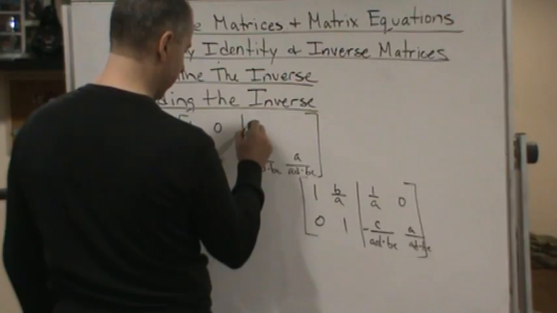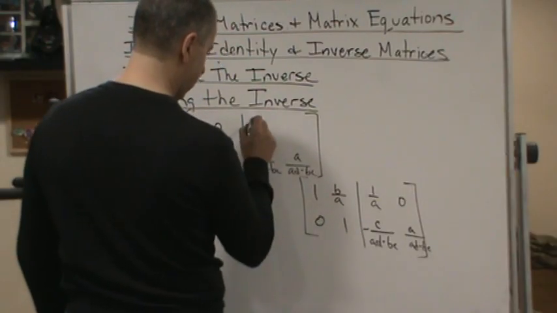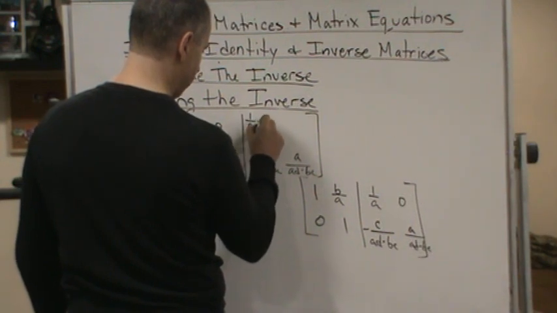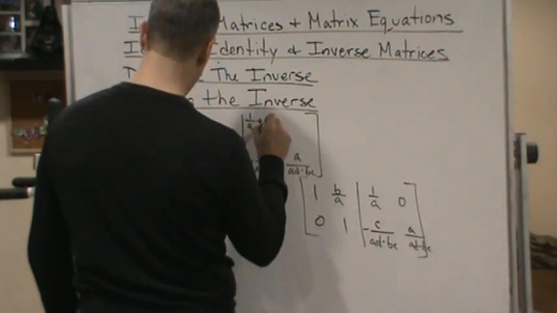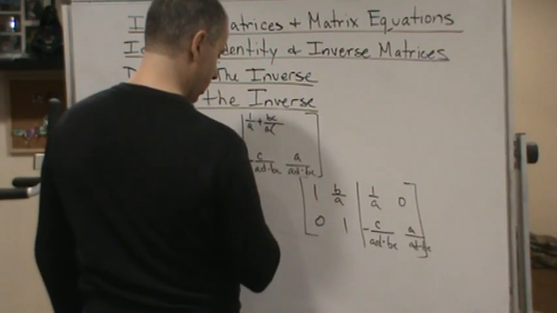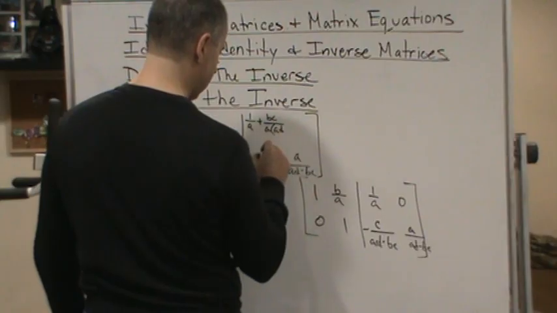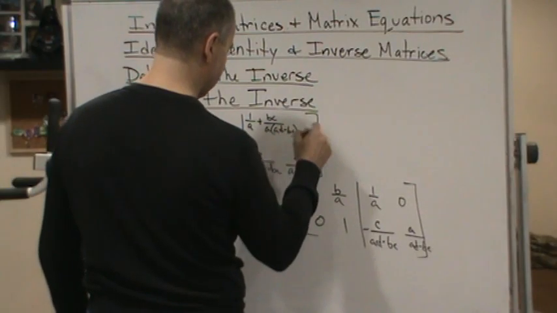So it's going to be 1 over A plus BC over A times AD minus BC.